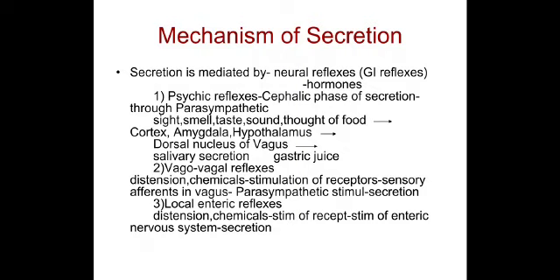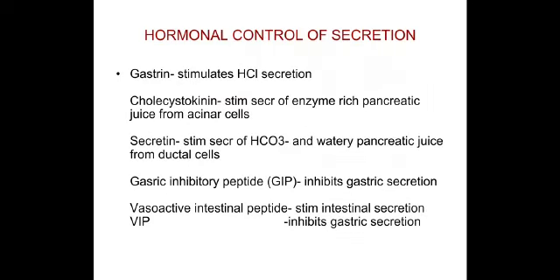So to understand, most of the time the mechanism of secretion is due to either neural or chemical, that is hormonal, control. The neural control is all the reflexes, and the chemical can be due to all the gastrointestinal hormones. In the hormonal control of secretion, there is gastrin, of which there are two types, G17 and G34, which stimulates HCl secretion.